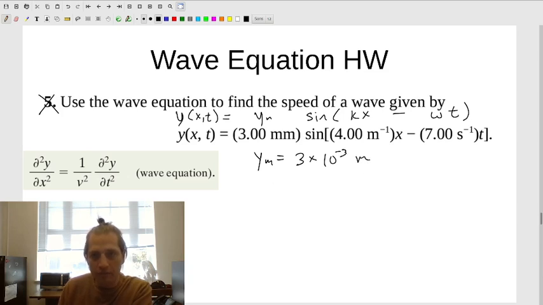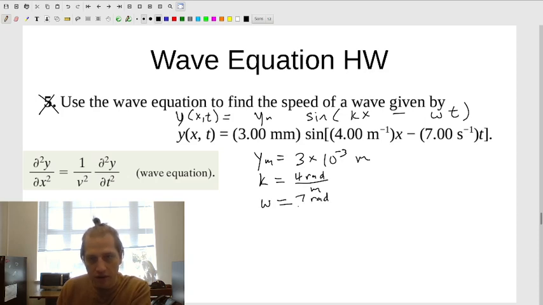You can pick out that your k is 4 radians per meter and your omega is 7 radians per second.